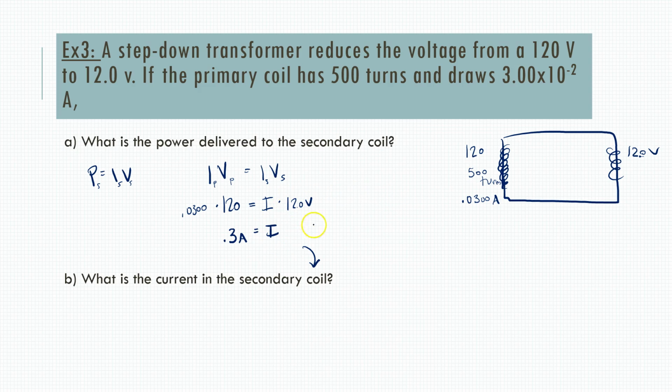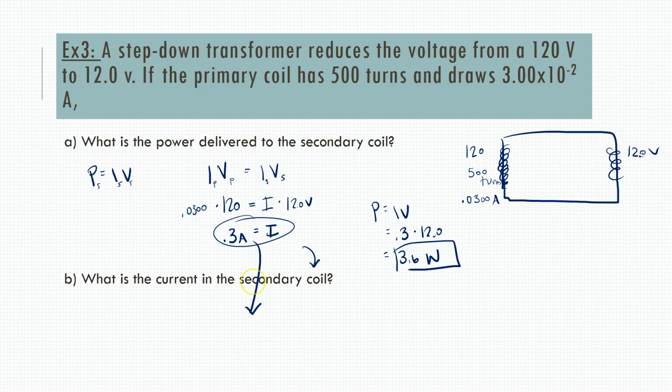And then if I put it back together, for the P is equal to IV, I have 0.3 times 12, which is, of course, 3.6. So there's 3.6 watts of power on the secondary side. And we just answered our question down here that the current on the secondary coil is 0.3 amps. So there you have it.